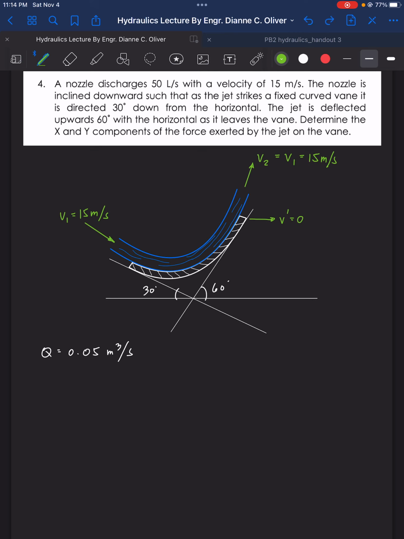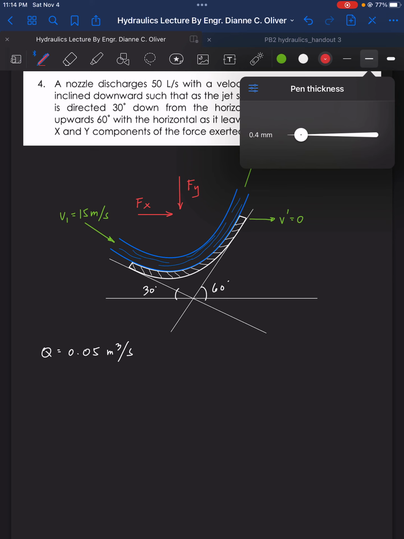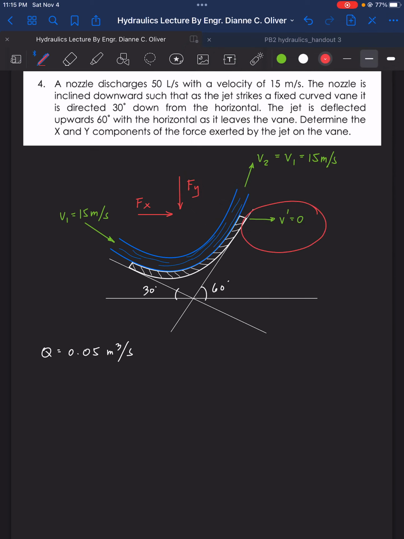So what are we looking for here? Determine the x and y components of the force exerted by the jet on the vane. So for x and y components, we take the force directed to the right as positive, and the force directed downward as positive. So this is Fy, this is Fx. This is case 1, wherein the vane is not moving.